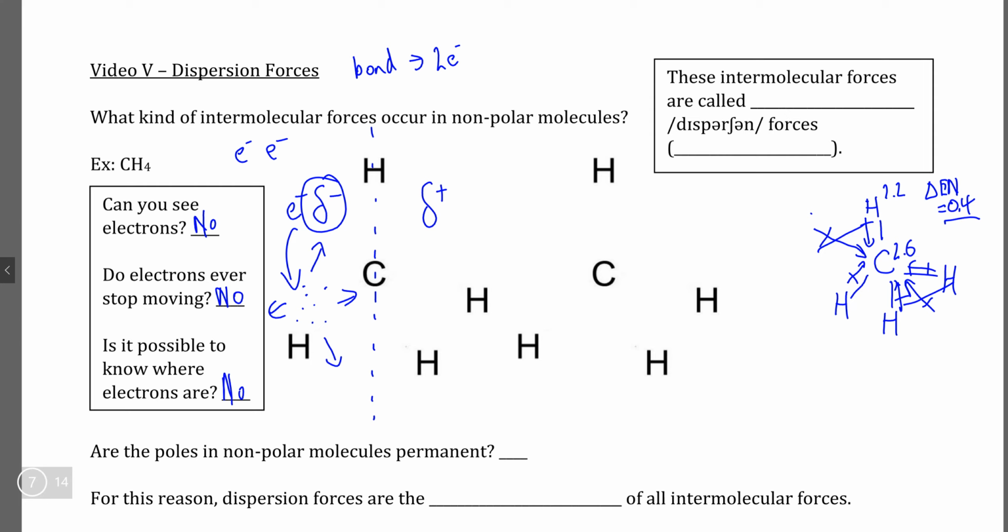And again, are the poles in this structure permanent? Well, that answer is no, because electrons never stop moving, which means they will move from this spot, and electrons are repelling each other, meaning that the negative charge of each electron are going to push each other away.